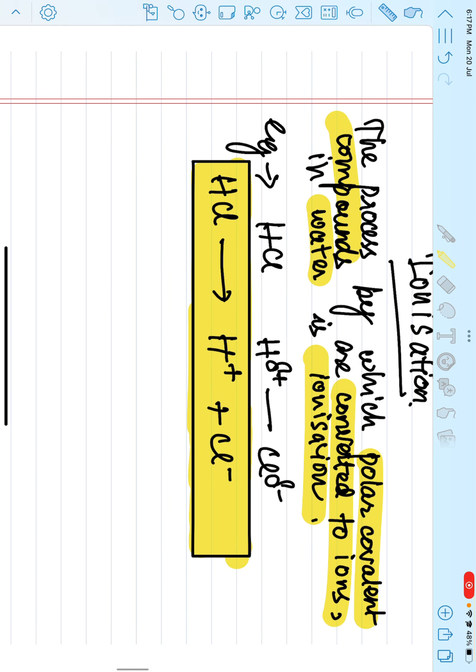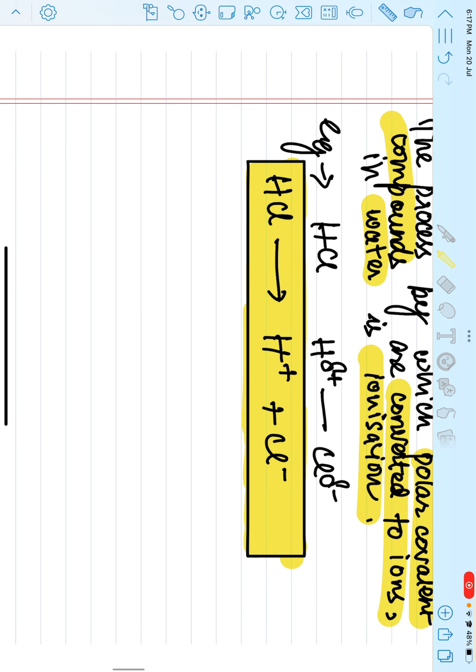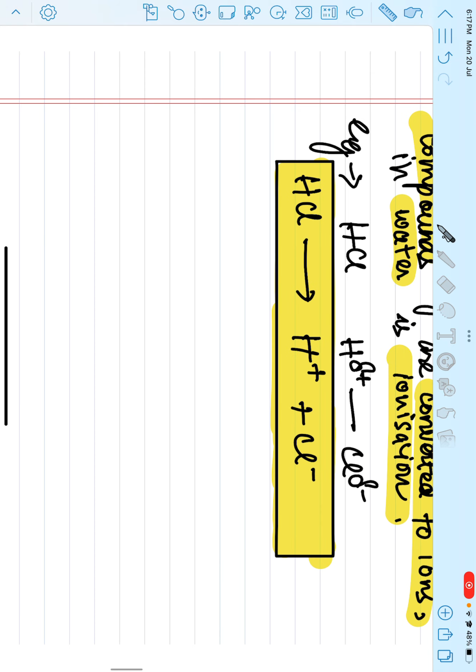This is what happens in HCl when I add H2O to it.